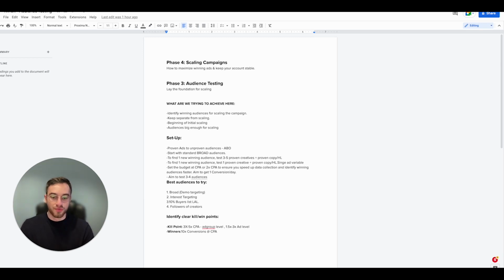If you have the budget and you're pretty confident about the creatives, and you want to identify things much faster, you can double the spend: 2 times CPA, so $140. You'll constrain the amount of time it takes to get that data and make decisions faster, and you'll be able to scale faster. Of course, that's up to where you are comfortable with your current budget. So again, aim to test 3 to 4 audiences at one time.